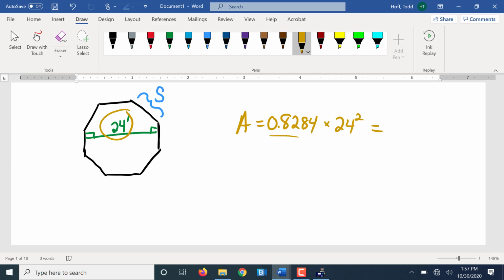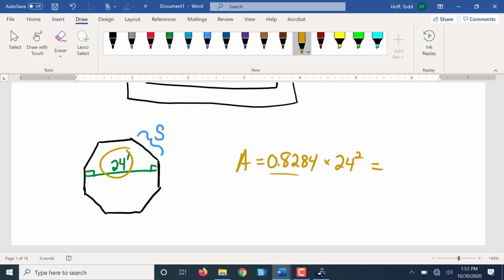So 477.29, we'll round it to. The area, if you know that flat distance, is 477.2.